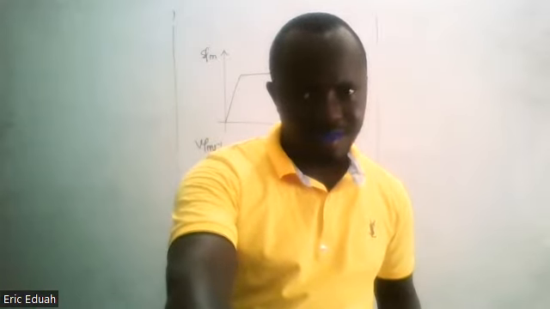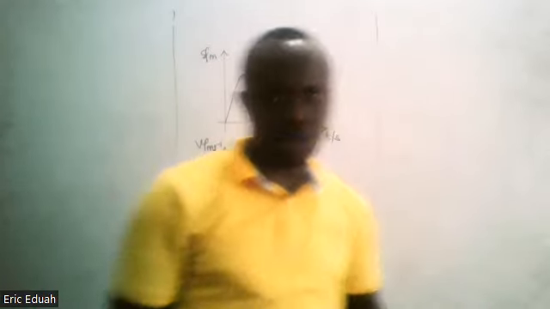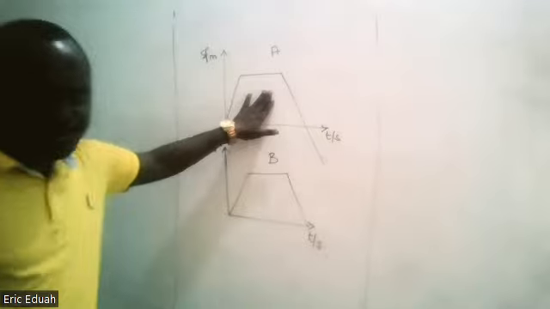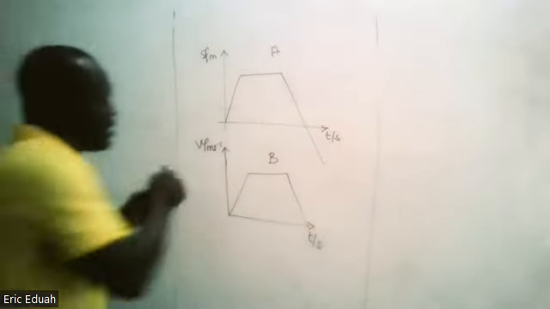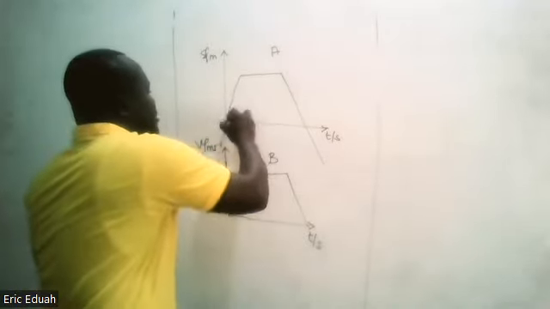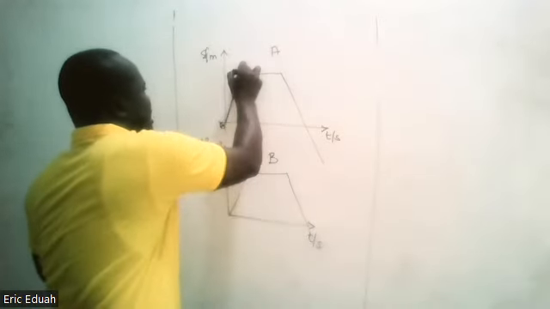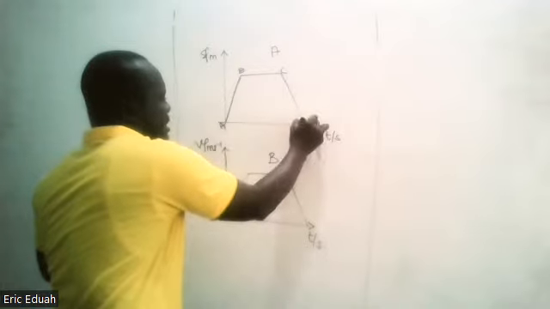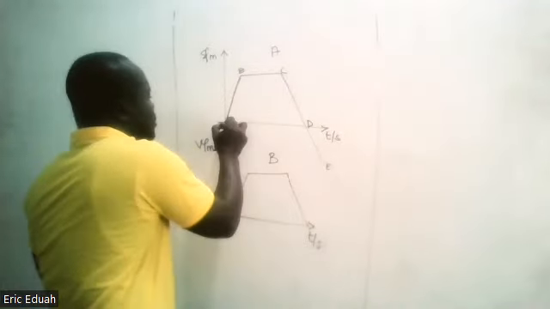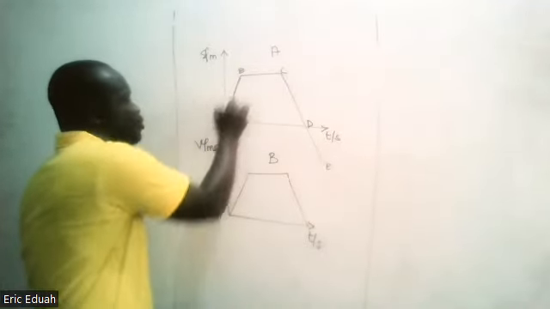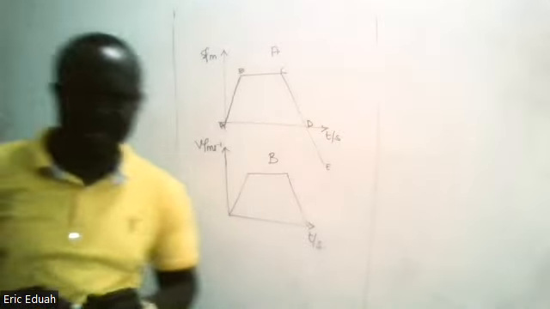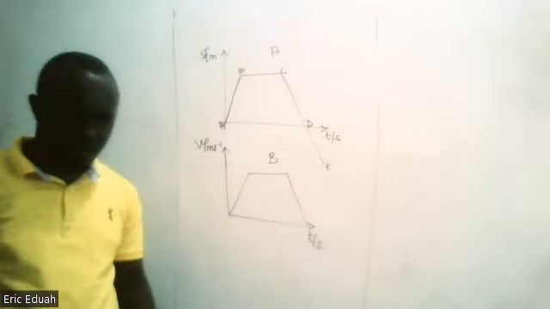All right, so let me take this up. What will you say about the interval from A to B on this graph, with points A, B, C, D, and E?